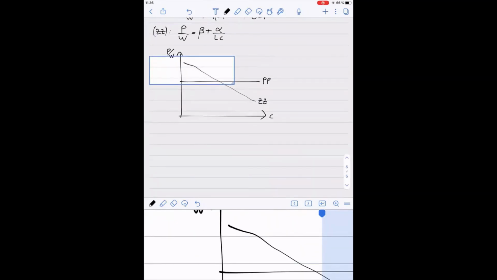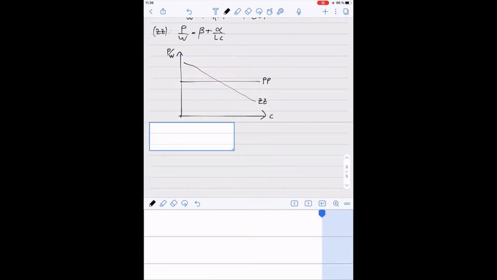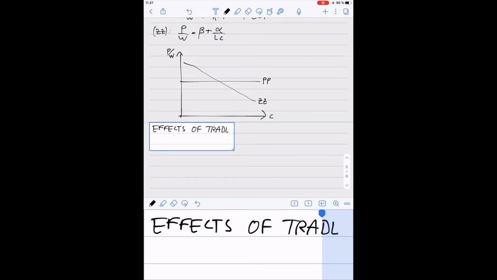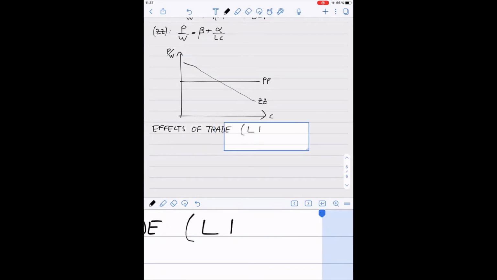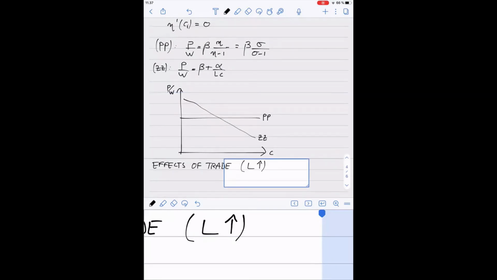So what are the effects of trade? Modeled again as an increase in L. If L increases, nothing happens to the PP condition, but the ZZ condition shifts downward.